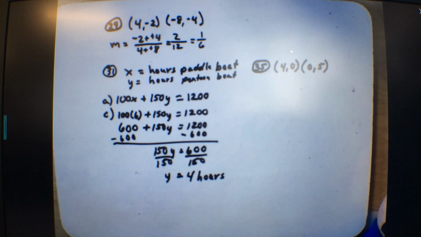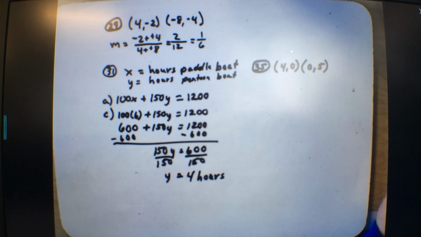We have to find the slope, but what form do we have to use before we use standard form? What form do we always use when we're given point and slope? The only one that I've taught you to use is point slope.